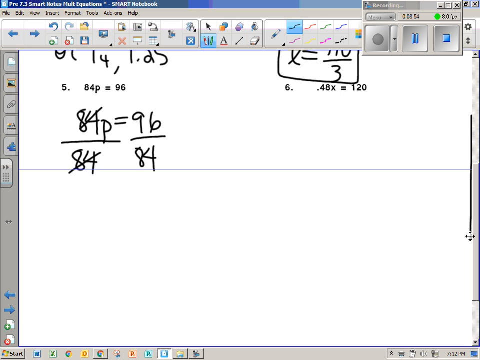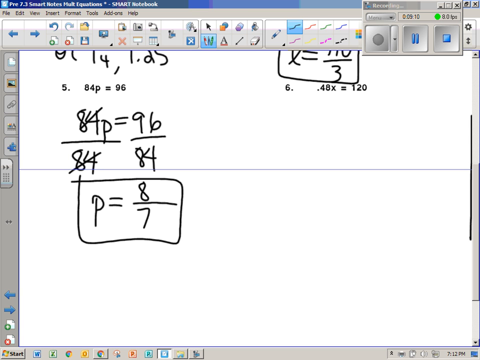So 84 divided by 84 gives us 1. So I've got 1p. And over here, if you know your multiplication facts, you should recognize that both are divisible by 12. And you could stop. Or the mixed number would be 1 and 1/7. Of course, you just learned in the conversion unit we just did that 8/7 in decimal form is pretty ugly.